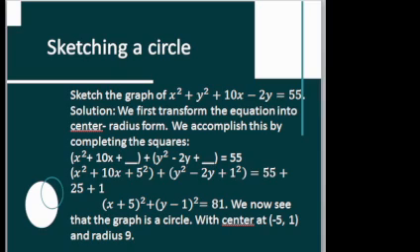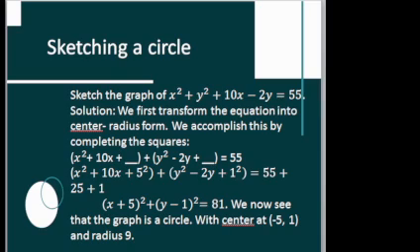Now we see that the graph is a circle. Why is it a circle? Because that's the standard form of the equation of the circle, and we can have the center, which is the h and the k, and we have also the radius there.